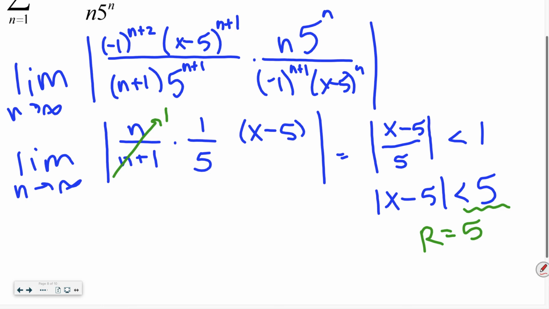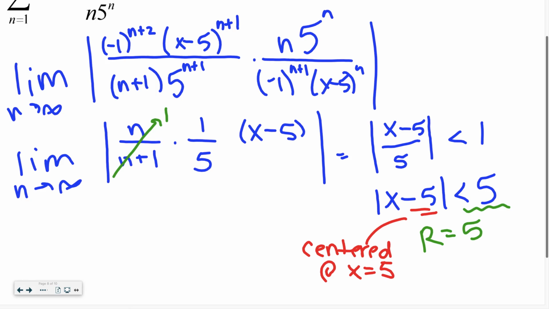This means we're centered at 5. And like I said, we need to end up with x minus c right here. All the other numbers go over the other side. So we don't really have to worry about that inequality thing you were talking about.